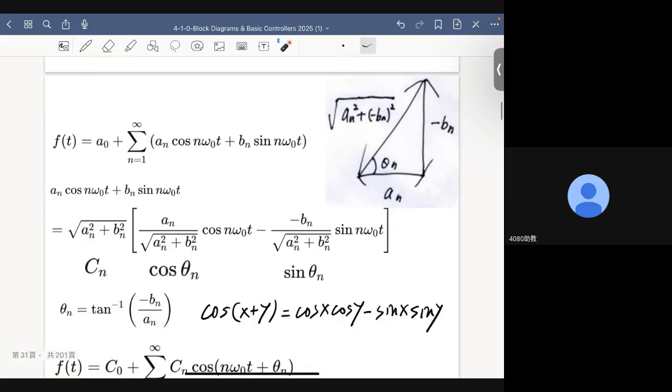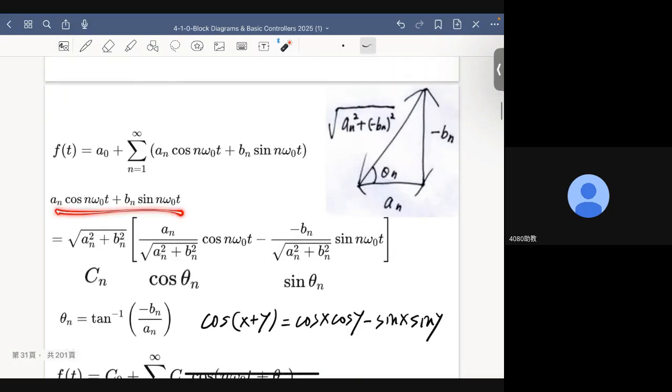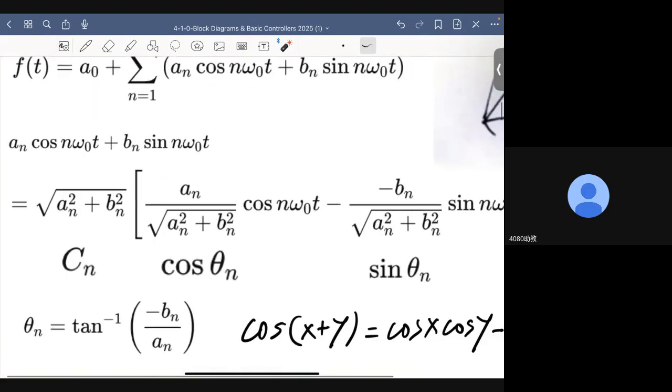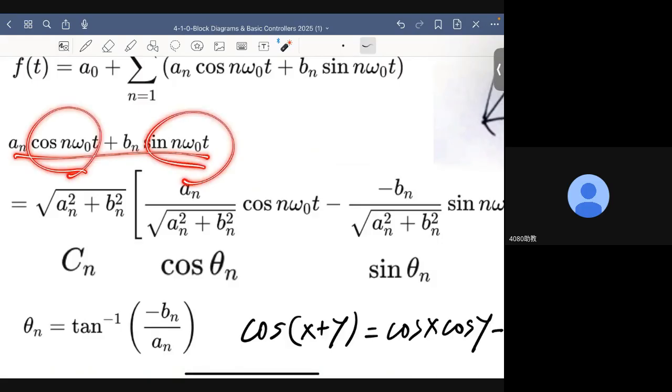Last time I didn't do such a good job in telling you how we go from here, to here, to here. Let's say originally this is what we have, with sine and cosine.